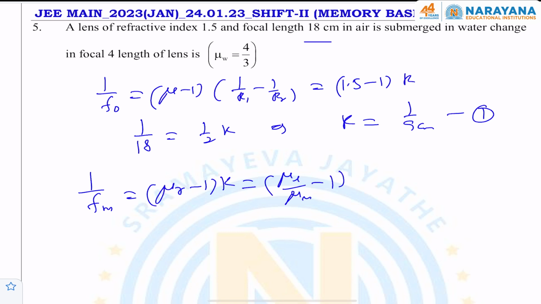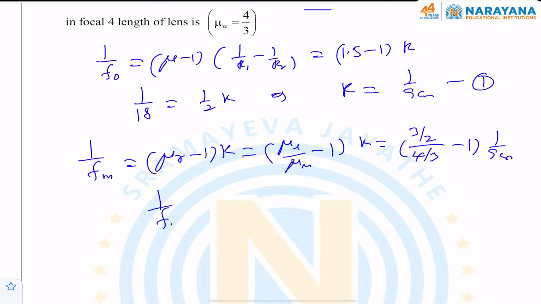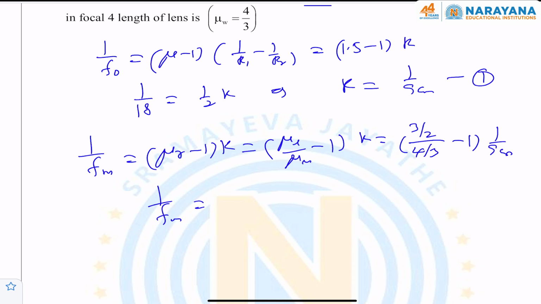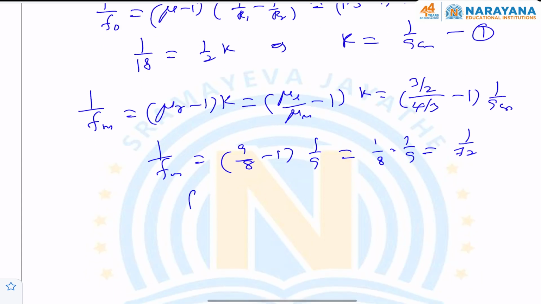So it is (3 by 2 by 4 by 3 minus 1) into K, where K is 1 by 9 per centimeter. This is (9 by 8 minus 1) into 1 by 9, which is 1 by 8 into 1 by 9, it is 1 by 72. So focal length of lens in the medium is 72 centimeters.